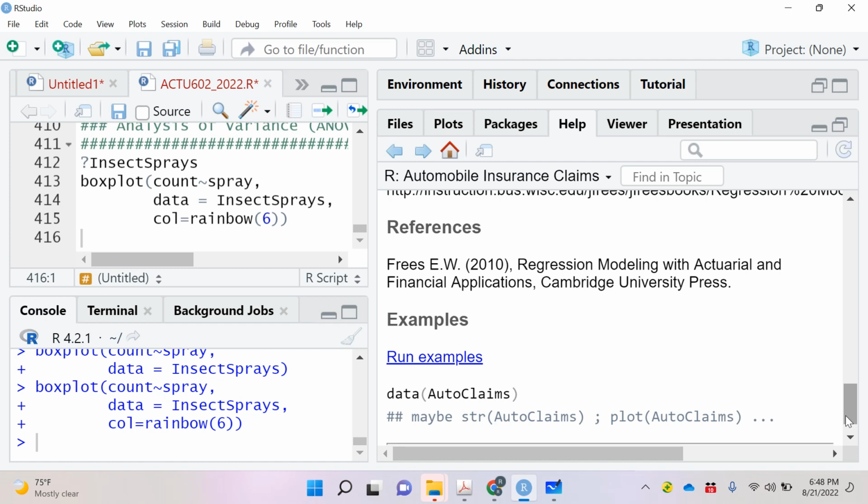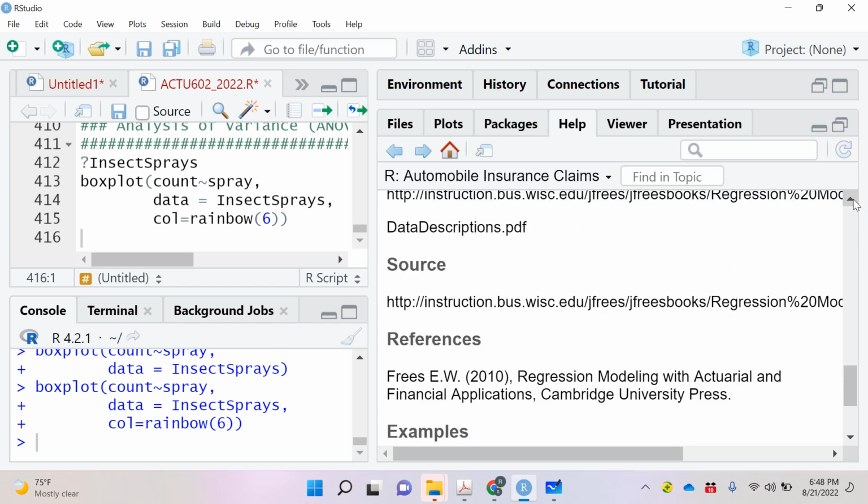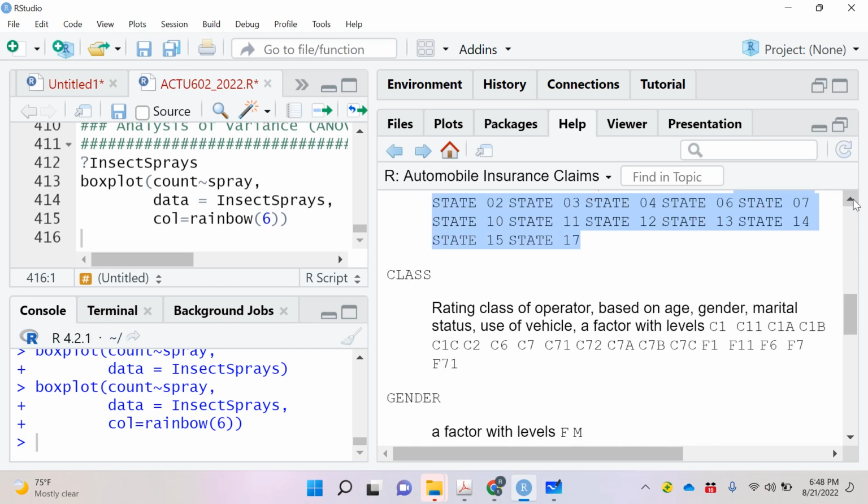There are 17 states. If you have a state in which you are paying so much in claims, will you want to be there or not? Then there is also the rating class, which is quite large.